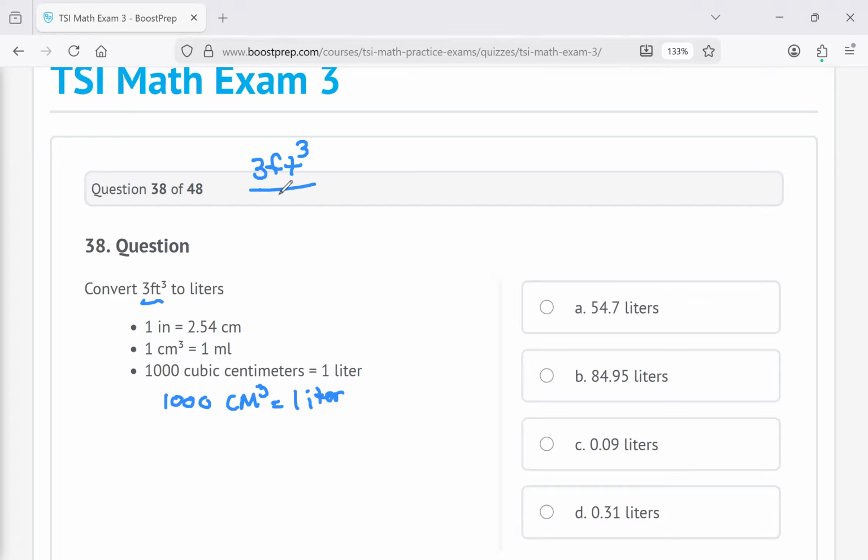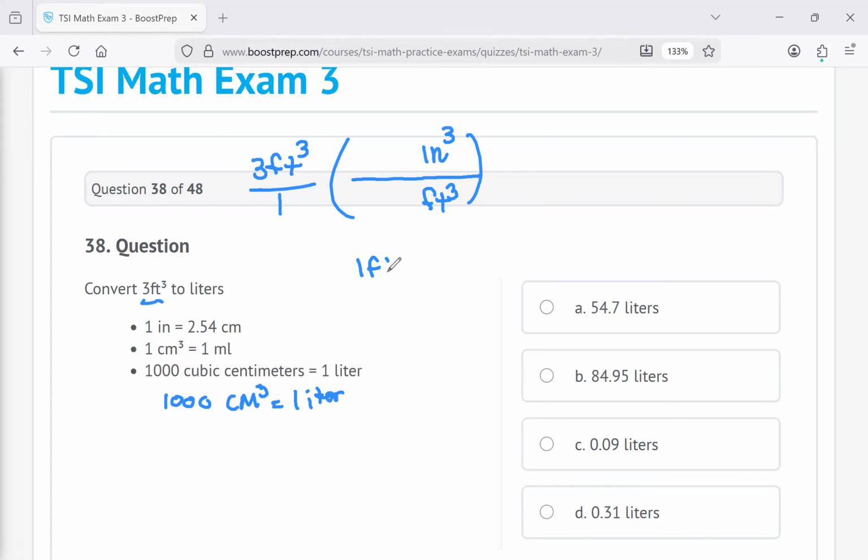You could put an invisible one under the feet because it doesn't have a fraction. Then let's get rid of the feet cubed, so I'm going to put feet cubed here, and then inches cubed. What is the relationship between feet and inches?